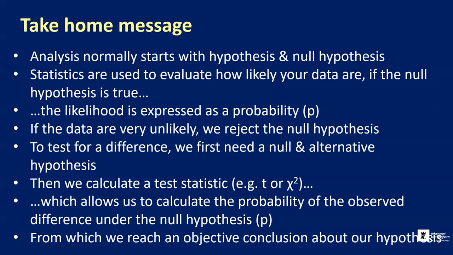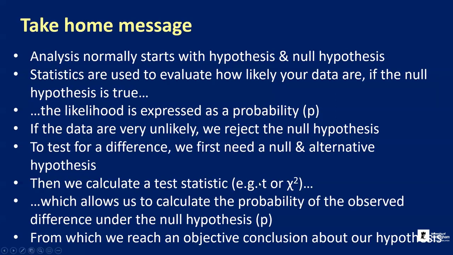So in order to do this in practice, we're going to need a statistical test, and today we looked at difference tests. We want to use a difference test to tell us whether the null hypothesis should be rejected. We do that by calculating a test statistic from which we can then calculate a p-value.